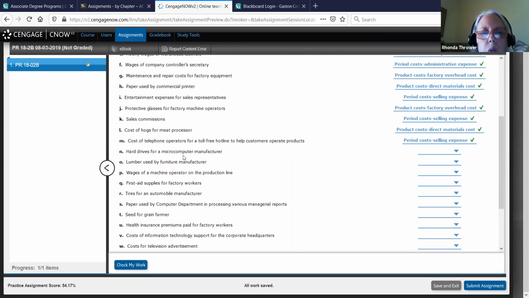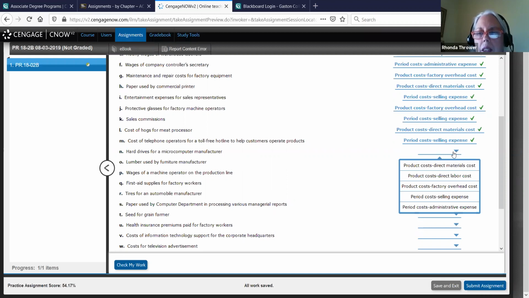Hard drives for a microcomputer manufacturer. The hard drives will become an integral part of the computer, and so it is a direct material. And if it's a direct material, it's a product cost.